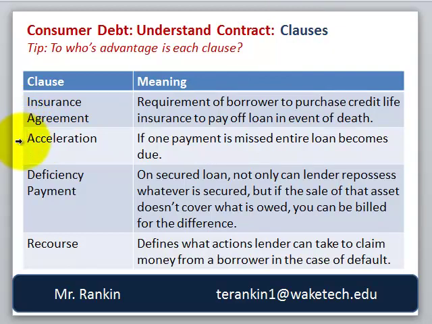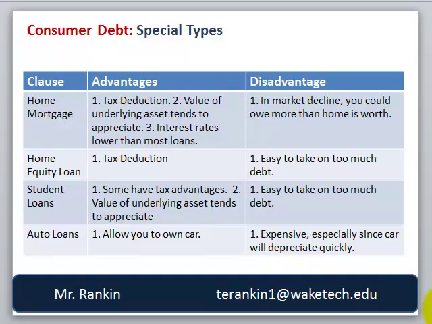If you miss one payment, then the entire loan becomes due. Is there a deficiency clause? If your car doesn't generate enough money to pay off the loan, can they come back to you for the outstanding balance? Other recourses that the lender may have. You need to read through the contract and understand what these clauses are.